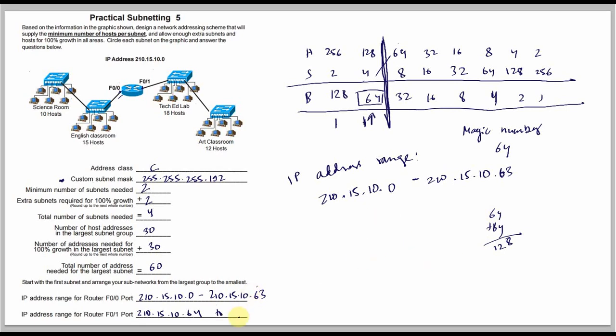But then again, so 128, we cannot use the broadcast value, so it's going to be 127. So that is how we do practical subnetting 5.